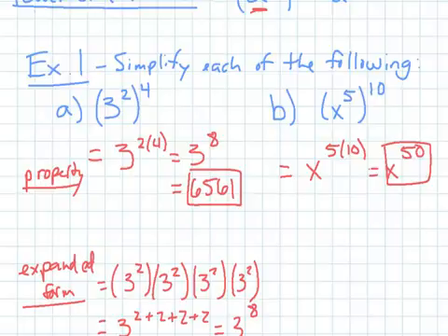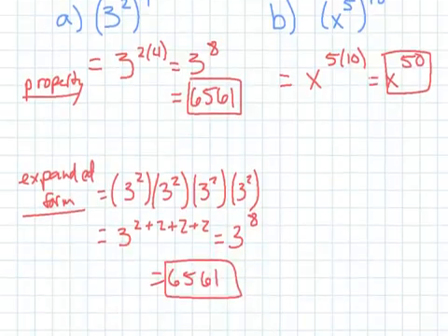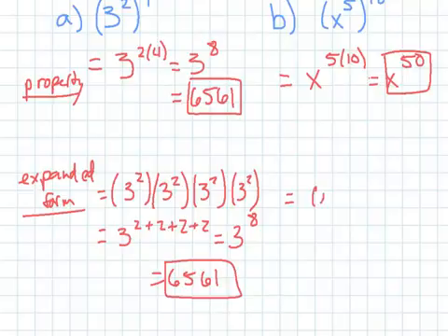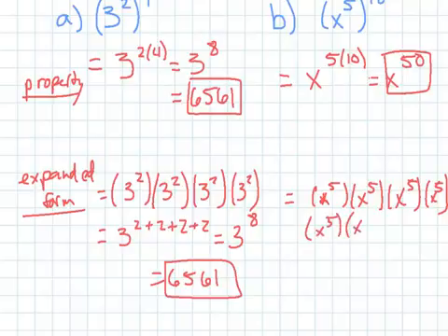Expanded form would be saying x to the 5th times x to the 5th times x to the 5th, and so on, ten times in all.